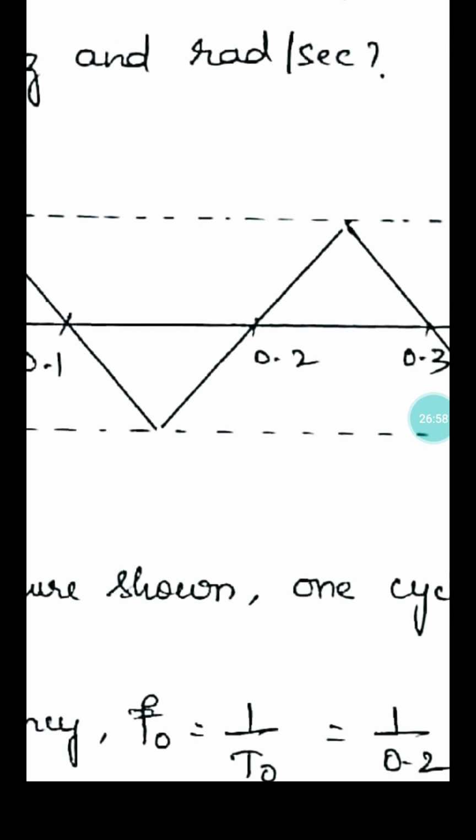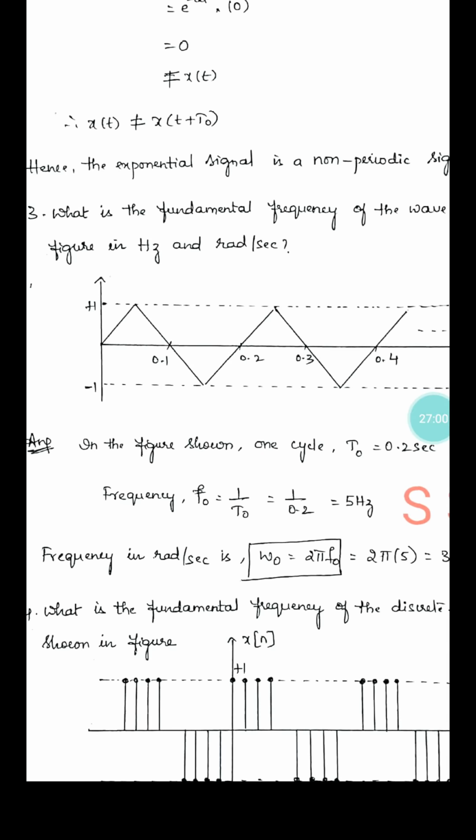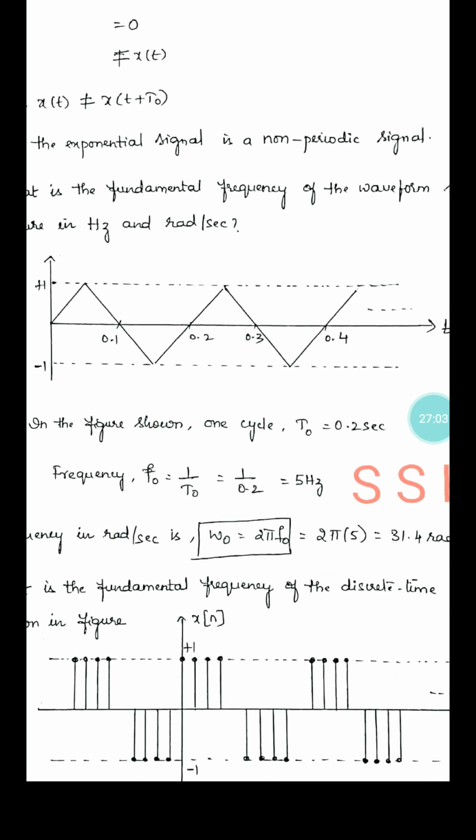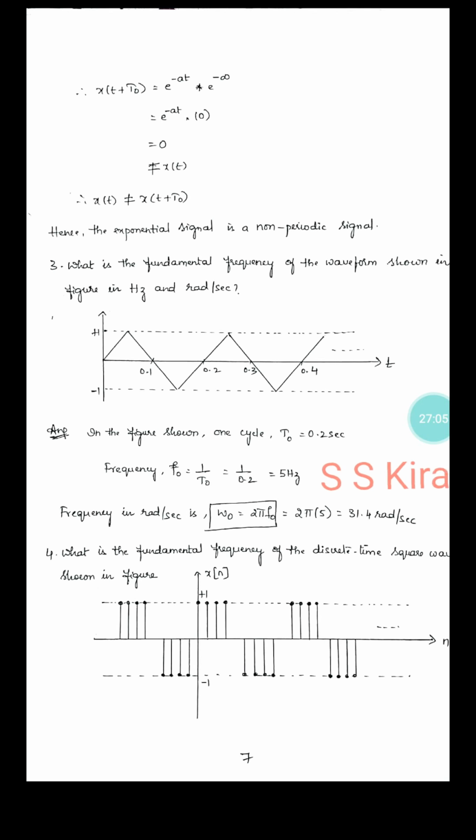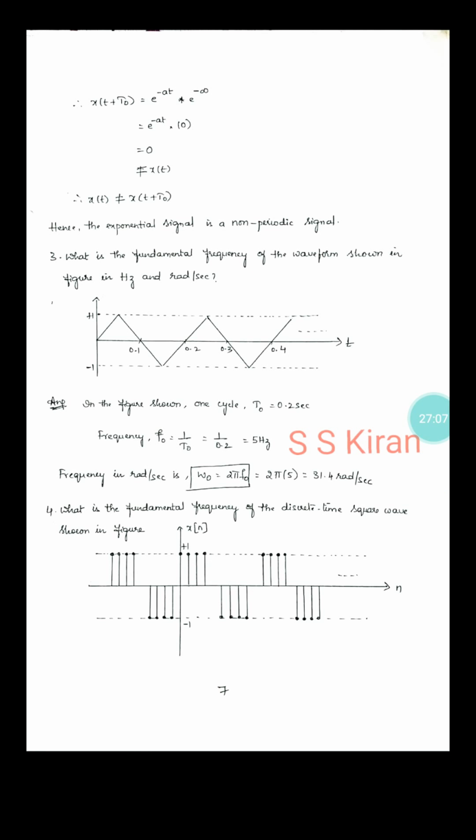The waveform starts from here and ends here, so the time period is 0.2. Based on time period we can calculate frequency: f naught is equal to 1 by T naught, which is 1 by 0.2, that is 5 hertz. Angular frequency omega naught is equal to 2 pi f naught. Substituting the f naught value, you get 31.418 radians per second.